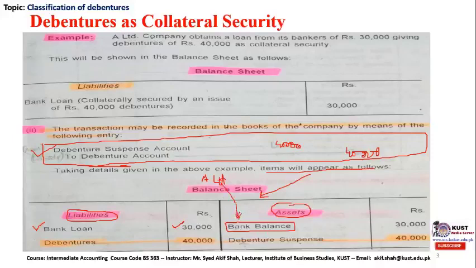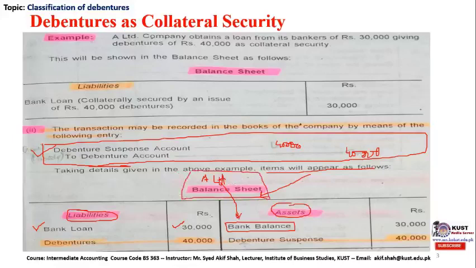In the same fashion, companies also have a bank account. So this loan amount was actually deposited into the bank account, and this balance sheet belongs to the company's record, not the company's account which exists in the bank.